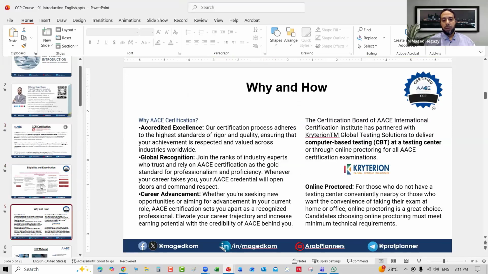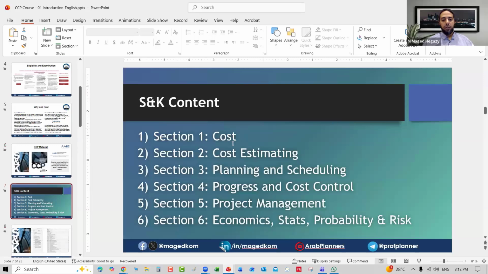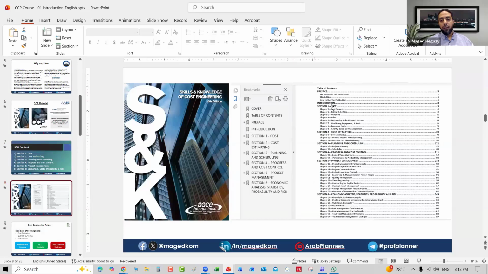We discussed why it is important or helpful and how to get it from the test centers. The material, what I said right now: the skills and knowledge, the study guide, and the memo writing guide. This is divided into 6 sections, and these sections include 34 chapters in 437 pages.